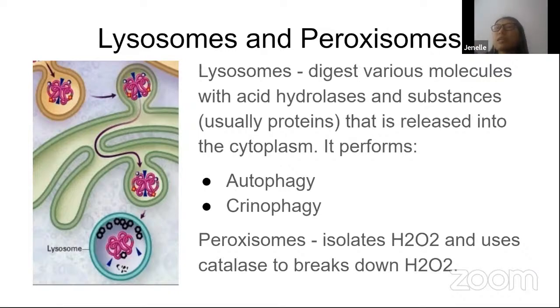And the reason is because the pH within the lysosomes is different from the entire cell. The pH within the lysosomes is 5 compared to the entire cell, which has a pH of 7.4. And this more acidic environment allows these enzymes to work only in the lysosomes. And what they do is help digest and break down substances, usually proteins, that end up becoming released into the cytoplasm.